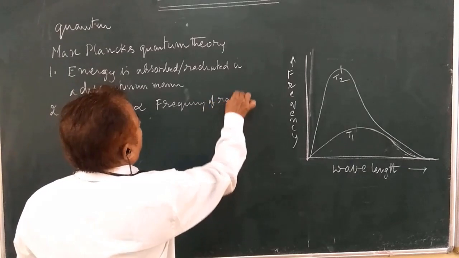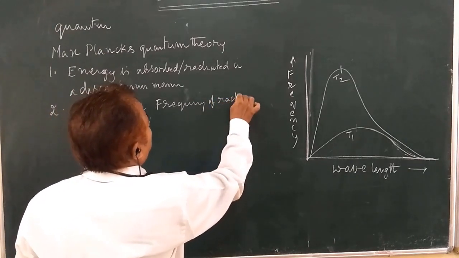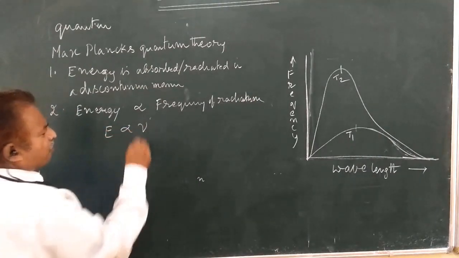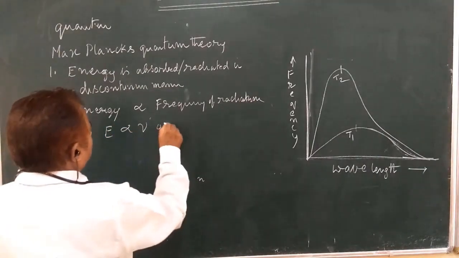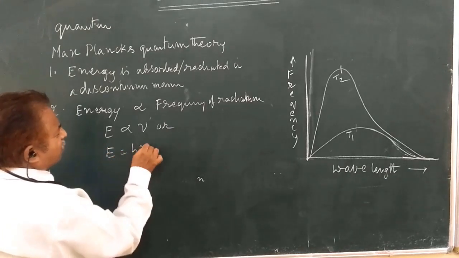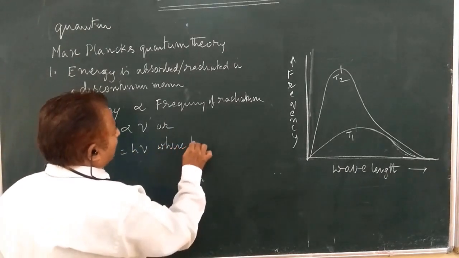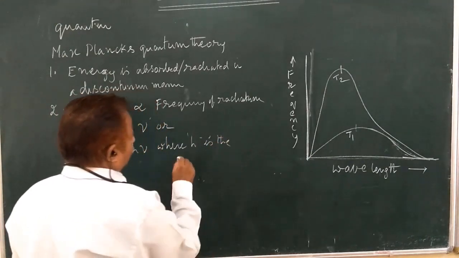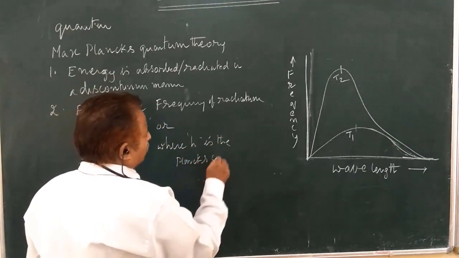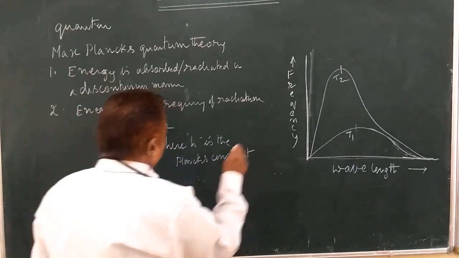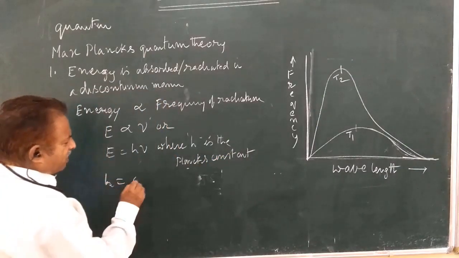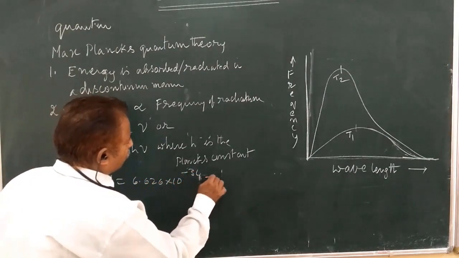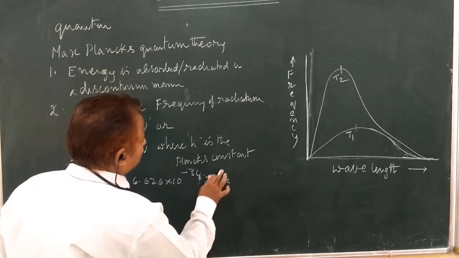That is, E is proportional to nu, or E equals h nu, where h is the proportionality constant known as Planck's constant. The value of h is 6.626 × 10^-34 joule second.